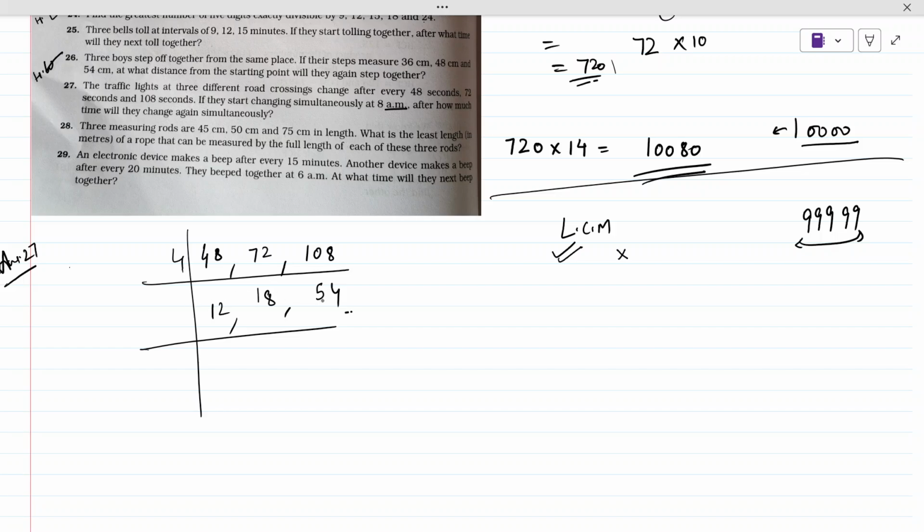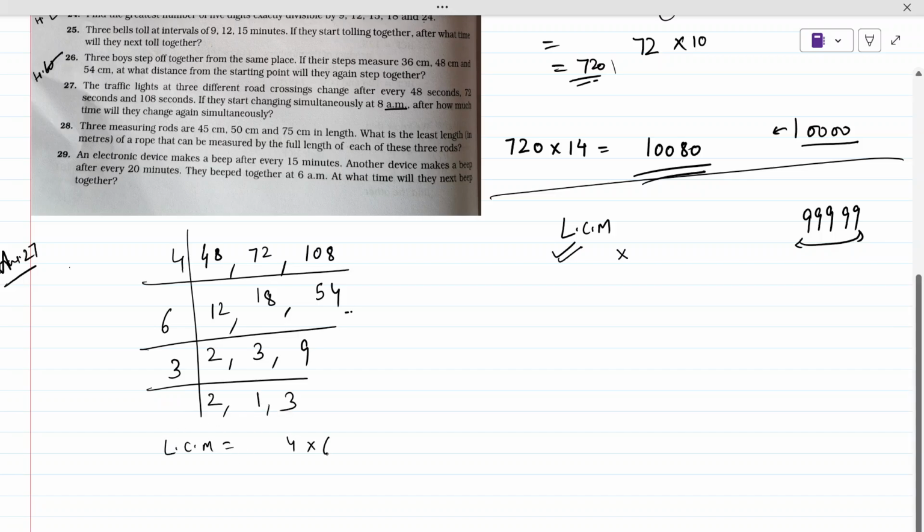No, we cannot use 4 here, right? So we can use 6 into 2, 3, 9. Next we can use 3, 1 and 3. So what is our LCM here?